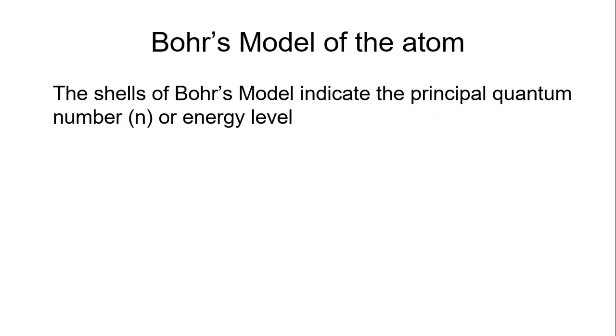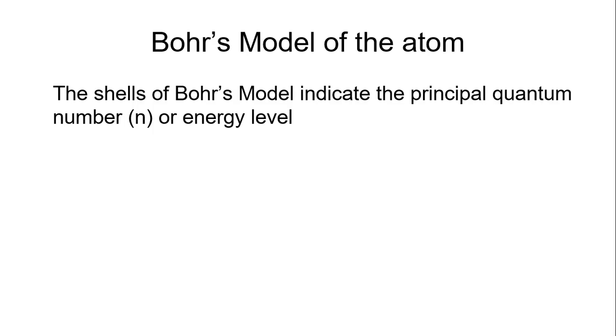So a way to look at electron configuration is we're going to use 4 different values to describe where an electron is. And the first value is simply what is the principal quantum number, or fancy word for energy level. What is the energy level according to the Bohr model?